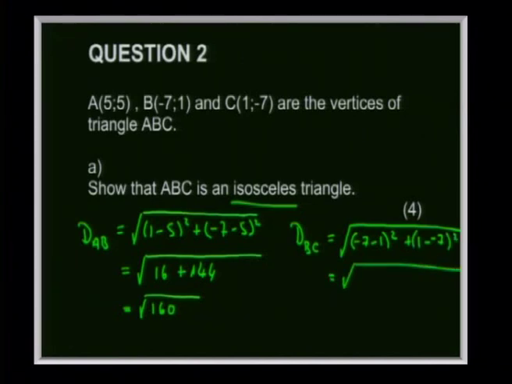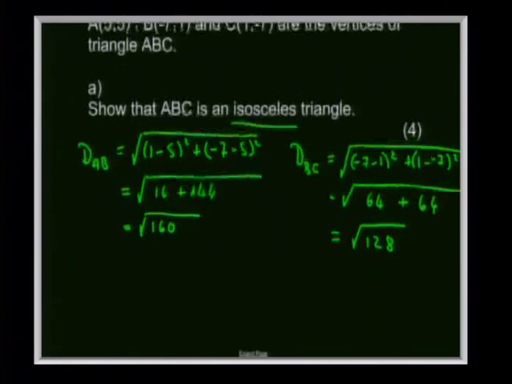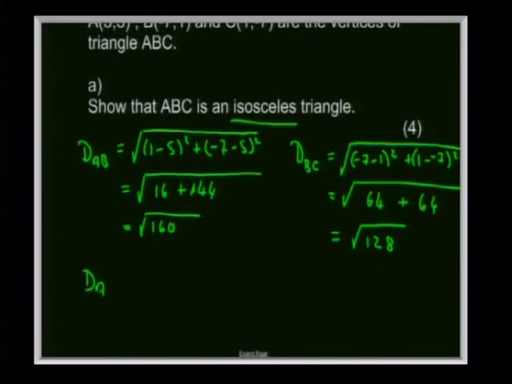Okay, so that gives us negative 8, 64. And that gives us 1 plus 7 is 8 squared, 64. What do we get? We get the square root of 128. Any luck? Not yet. So what do we have to do? We have to find the distance of AC.